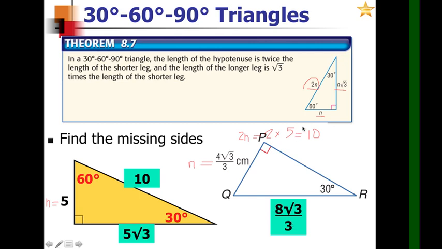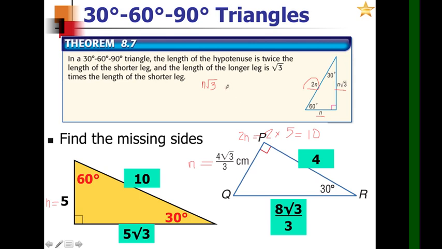And finally, for this one, we have 4 square root of 3 over 3 times square root of 3. And you will have 4. Got it? Why did it become 4? So let's solve. Our formula for 60 degrees, the side for the 60 degrees is n square root of 3. Our n is given as 4 square root of 3 over 3.